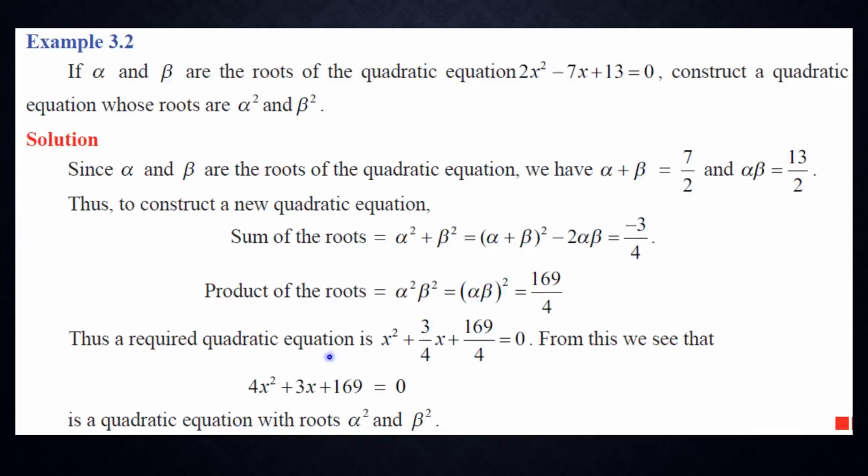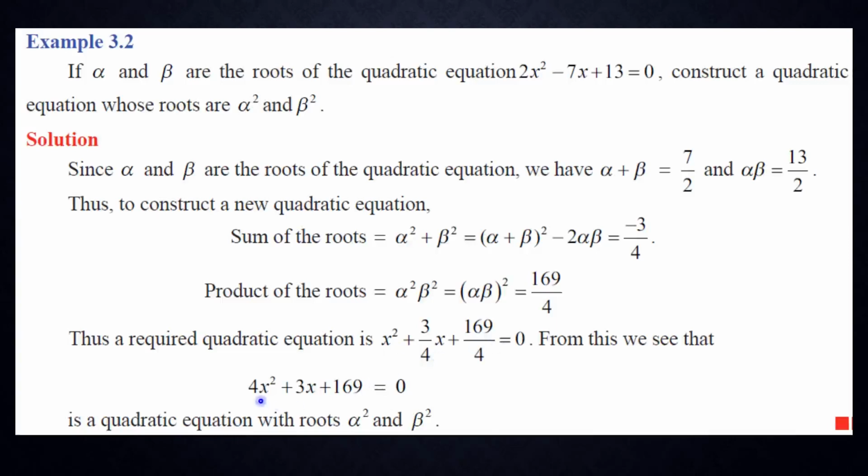Now, how to write the quadratic equation. For that the formula is x square minus sum of the roots into x plus product of the roots equal to 0. Isn't it? So in that formula, when we substitute these values, we will get this answer. To remove this denominator 4, I have to multiply throughout by 4.